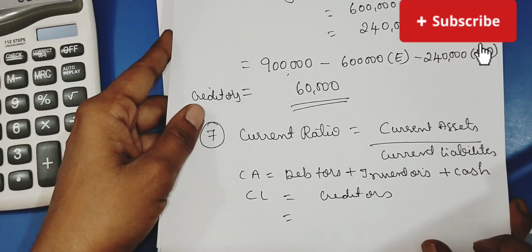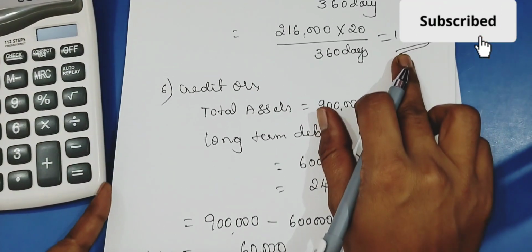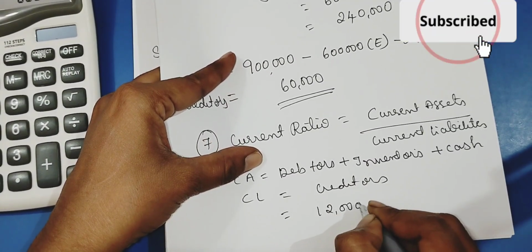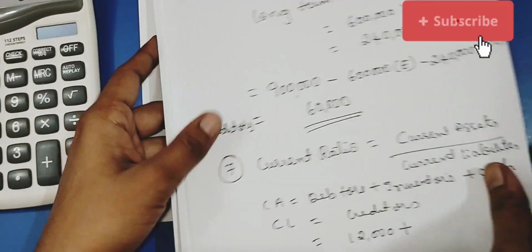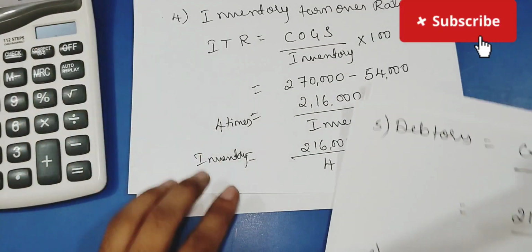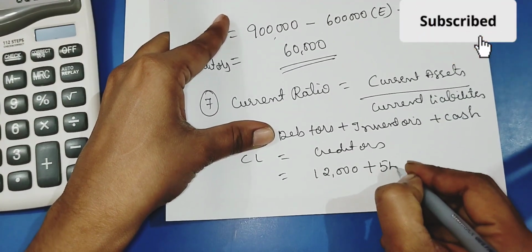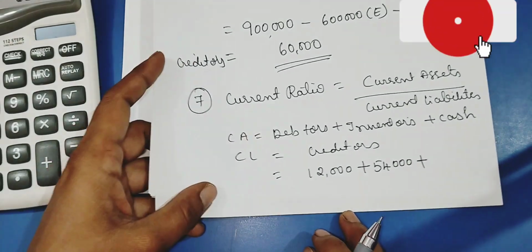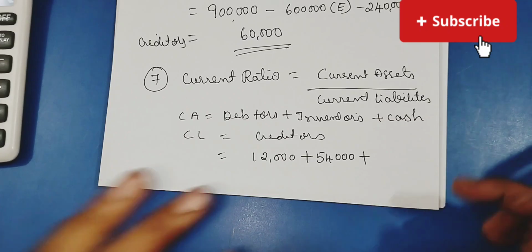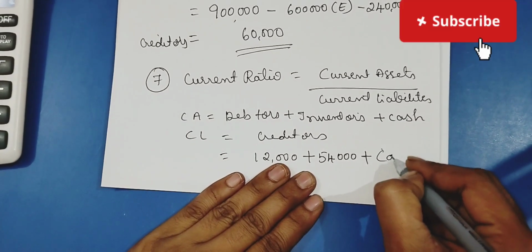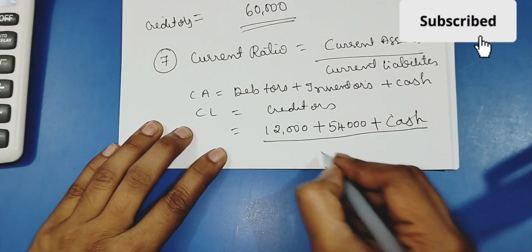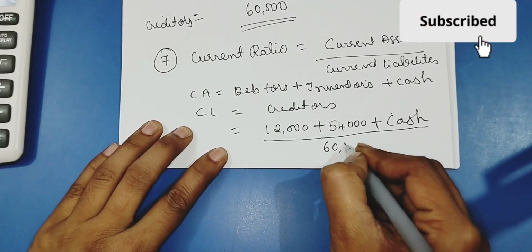So debtors is how much? Debtors is 12,000, plus inventory is 54,000, plus cash, which we need to find out. And our current liability, creditors, is 60,000.